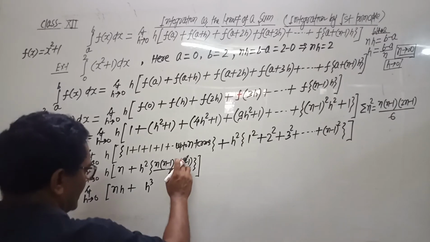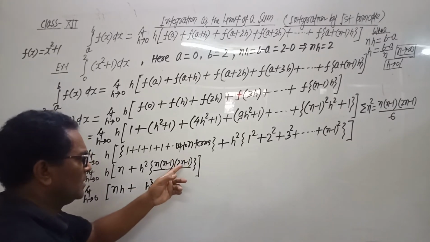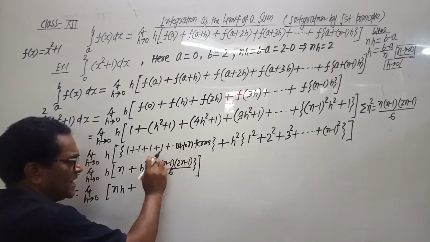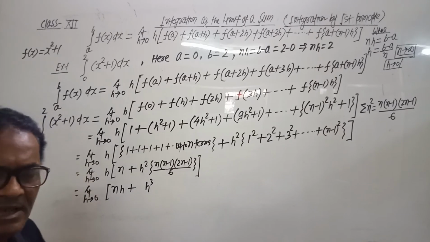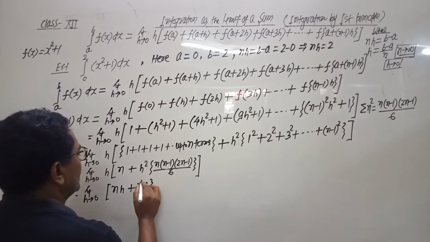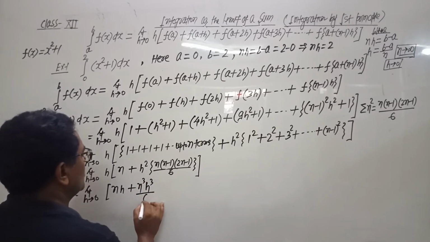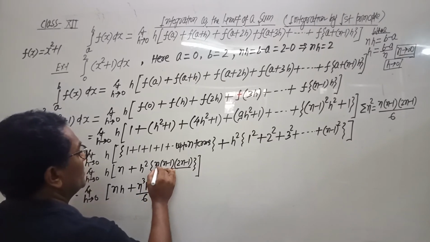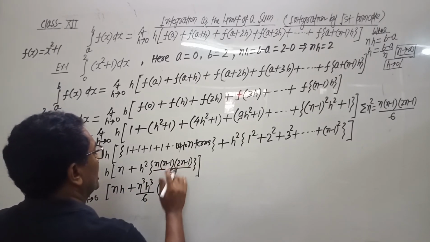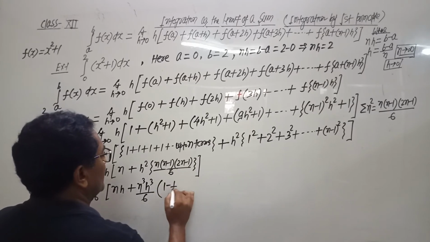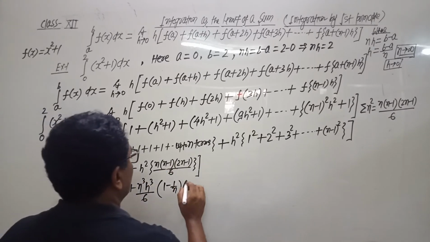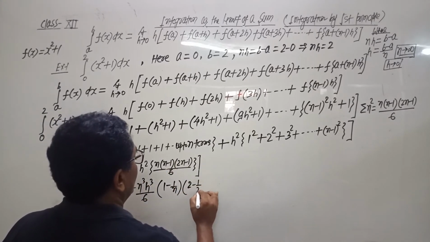Then from this bracket again we take n common, and outside there was already n, so n into n becomes n cube. So n cube h cube by 6, and we have taken nh common. From this bracket when we take nh common, it becomes 1 minus 1 by n, and from this bracket also we take nh common, so it becomes 2 minus 1 by n.